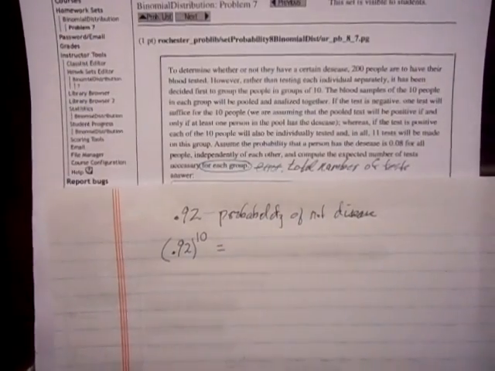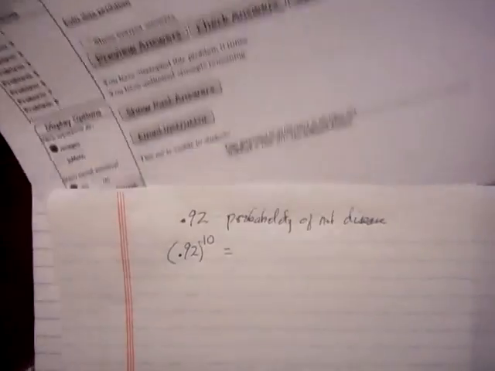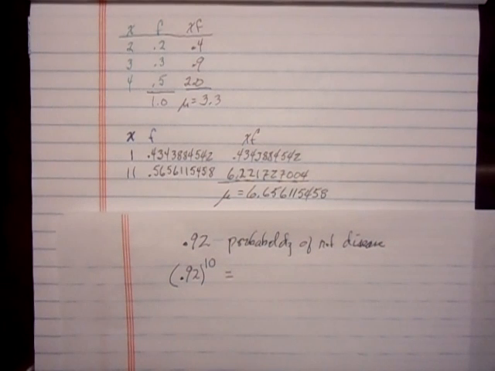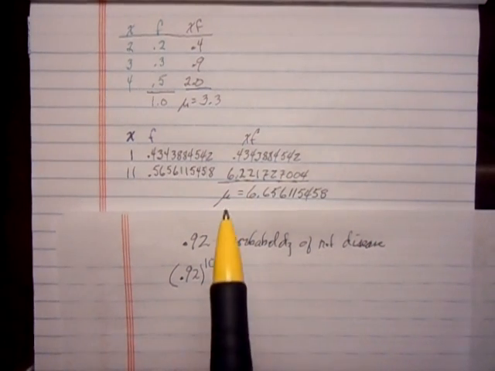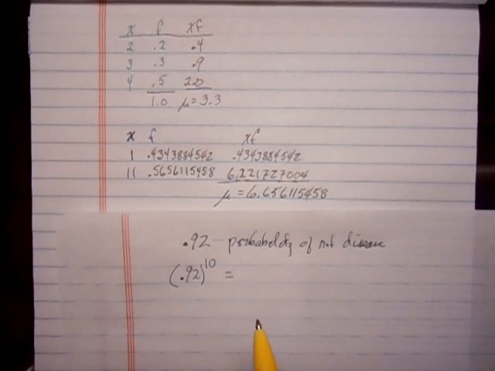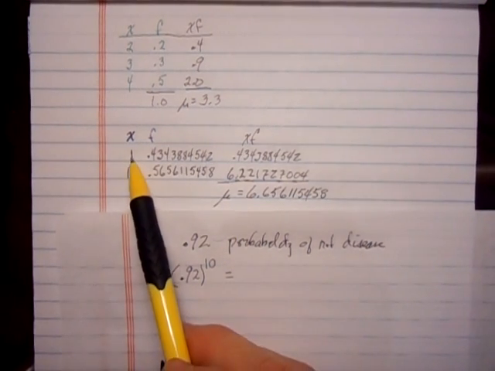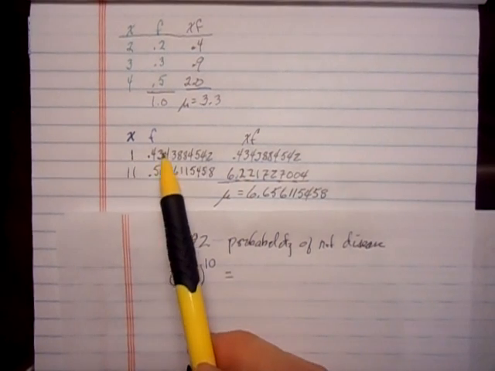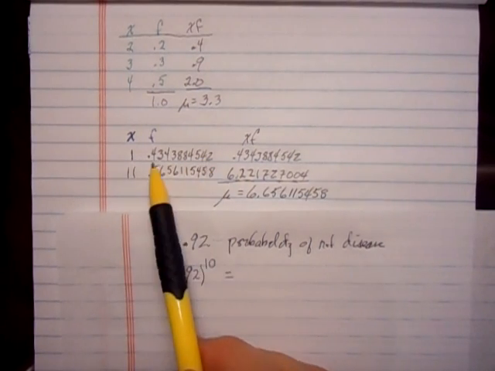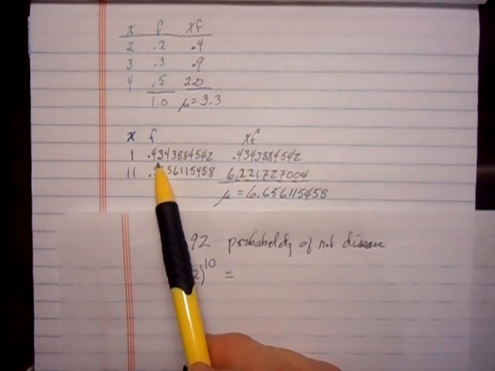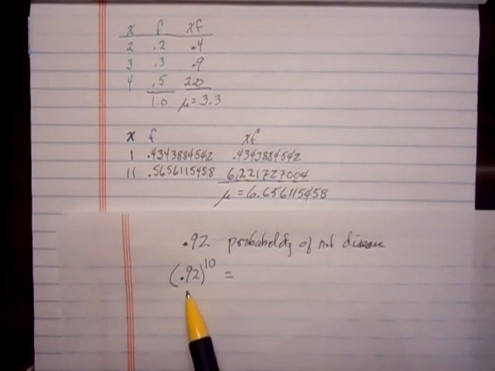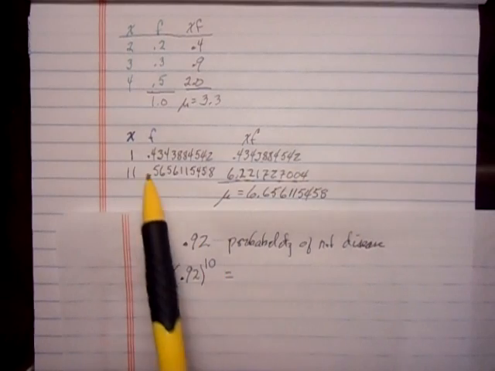Okay, now I've summarized some of this on this other page, so let me just go back to that. The probability of only doing one test, that means that none of the people have the disease, is going to be that amount. That's what you get when you put 0.92 raised to the 10th power into your calculator.